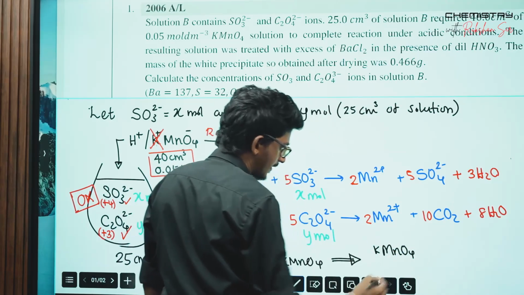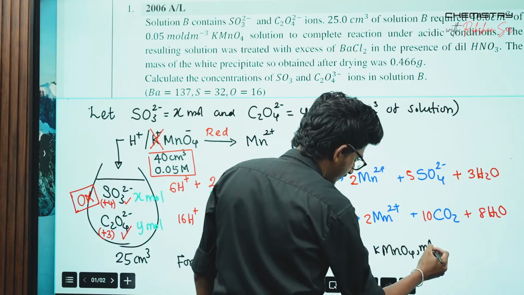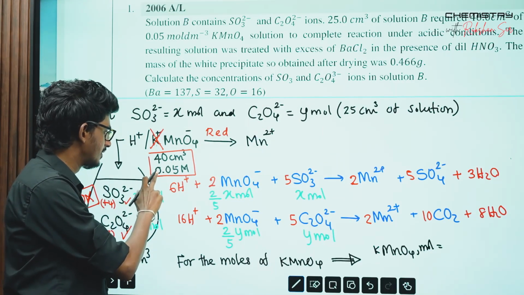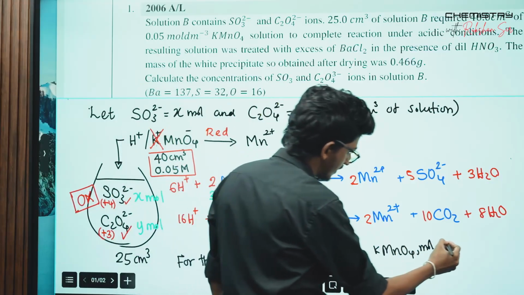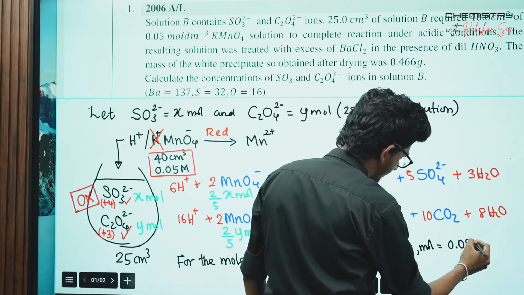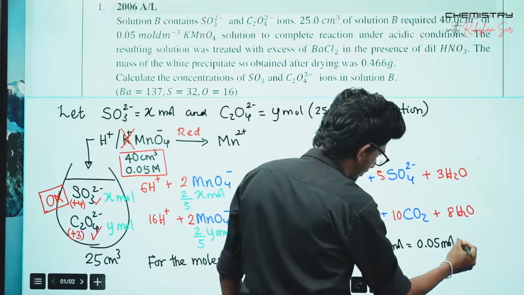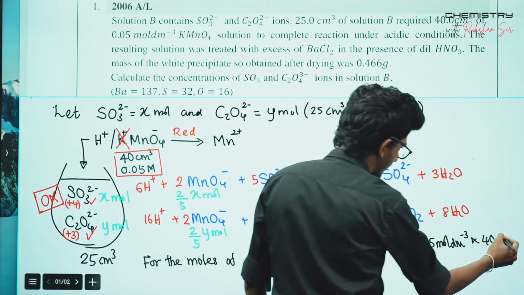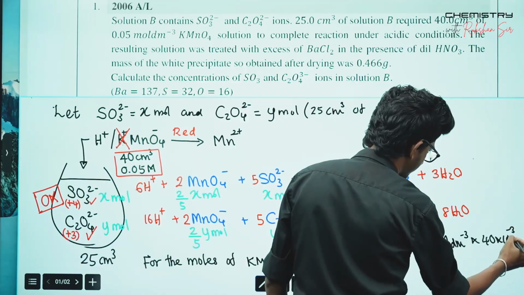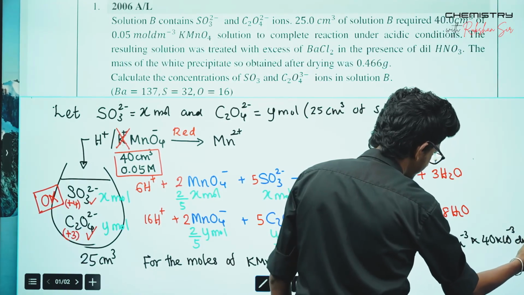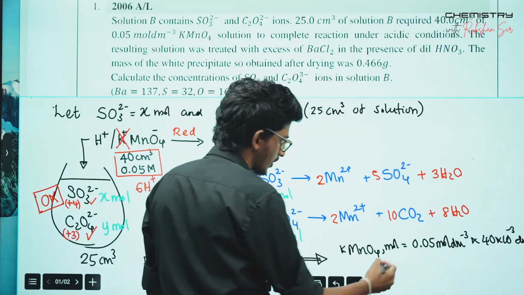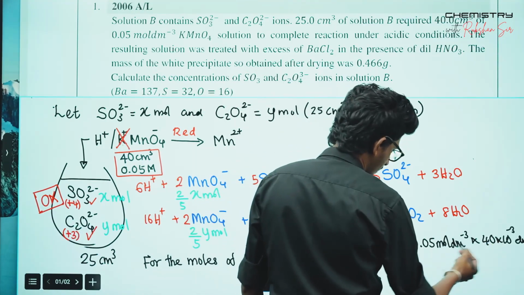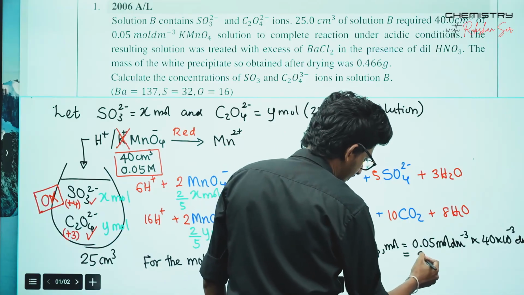KMnO4 moles is actually equal to 40 cubic centimeters with 0.05 molar, so that is 0.05 moles per cubic decimeter times 40 cubic centimeters, so 40 × 10⁻³. The value is then 2 × 10⁻³.